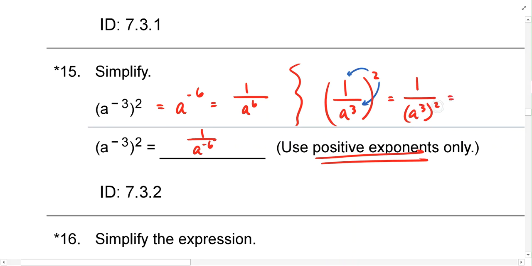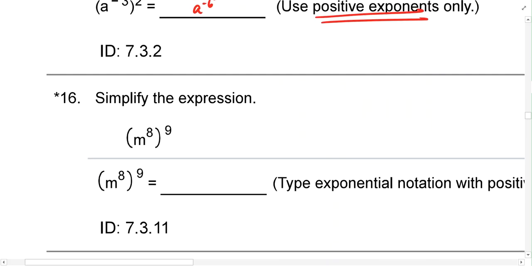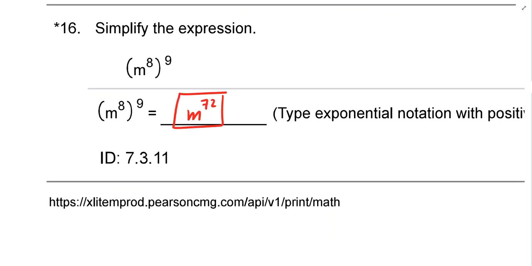We know that the 3 has to multiply by 2, and we end up with a to the 6th power as well. So either technique, if used appropriately, will lead you to the correct and final answer. And there should be no surprises with a problem like number 16.